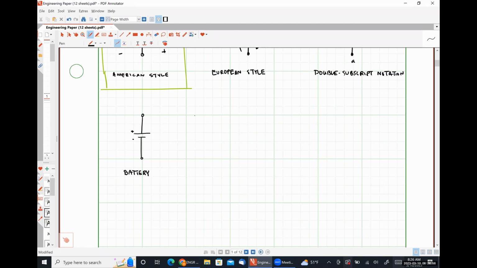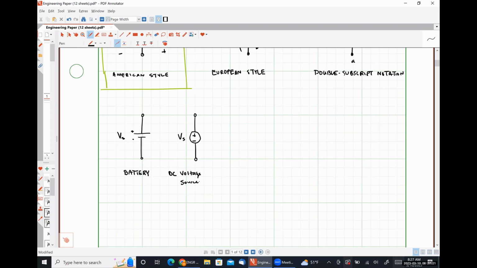Instead, we are going to use this symbol. And let me just put here VS for the magnitude of the voltage. Okay. So this is a generic DC voltage source.